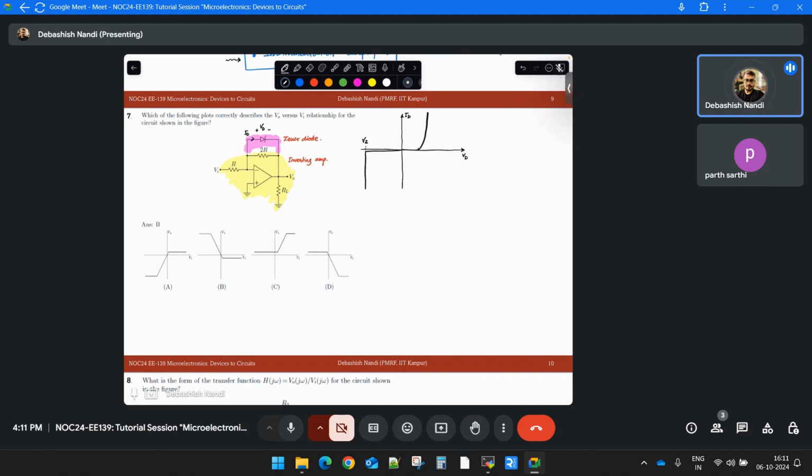And what is this value, if it is a silicon diode? 0.7 volt. Now, what can I approximate these two curves as?